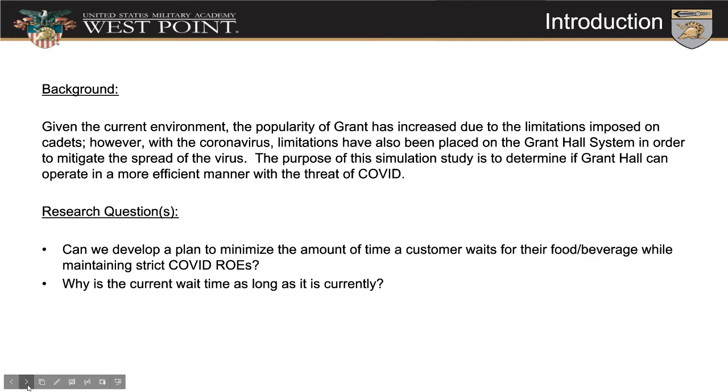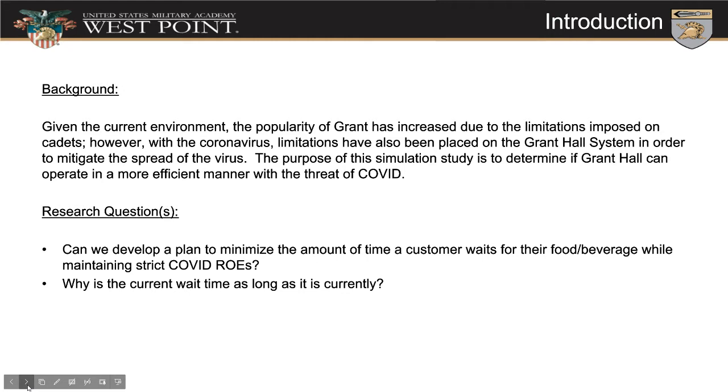So as a background, given this current COVID environment, the popularity of Grant has really increased due to the limitations imposed on the cadets, as well as faculty. Even though there are limitations on cadets in terms of being able to leave posts, there are similarly limitations on the Grant Hall system, really to mitigate the spread of the virus.